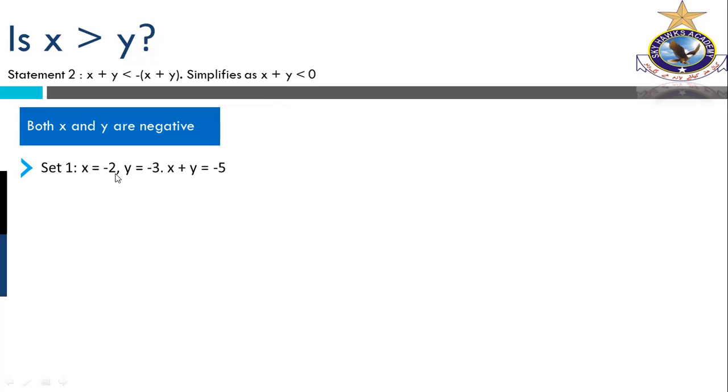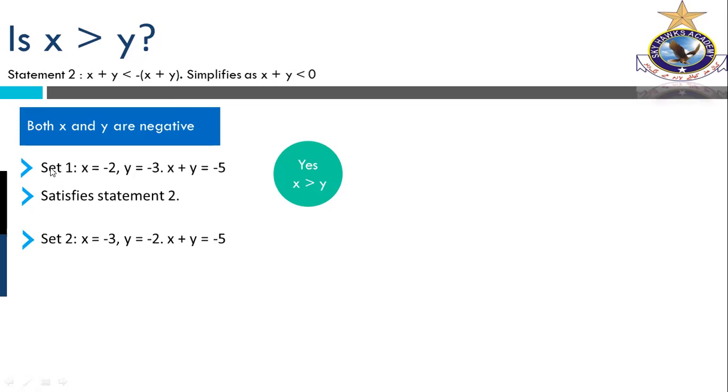Both are negative, and we have a negative sum, which satisfies statement 2. So if we take the first possibility, the statement is absolutely right. Yes, so in this way we can say the statement is true, then x must be greater than y.